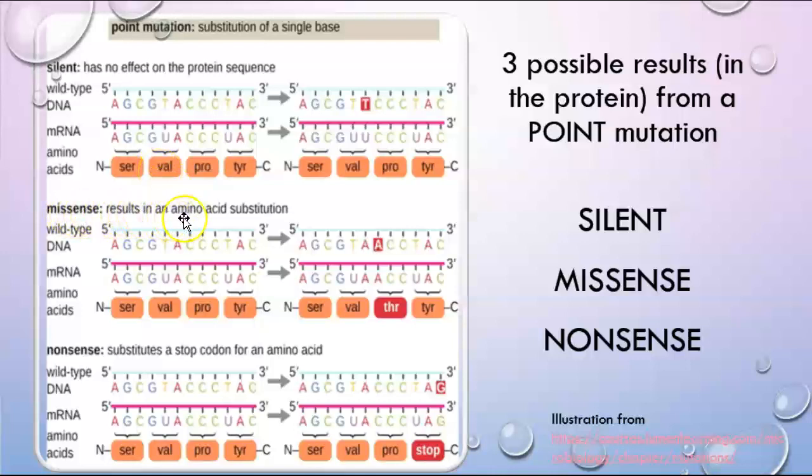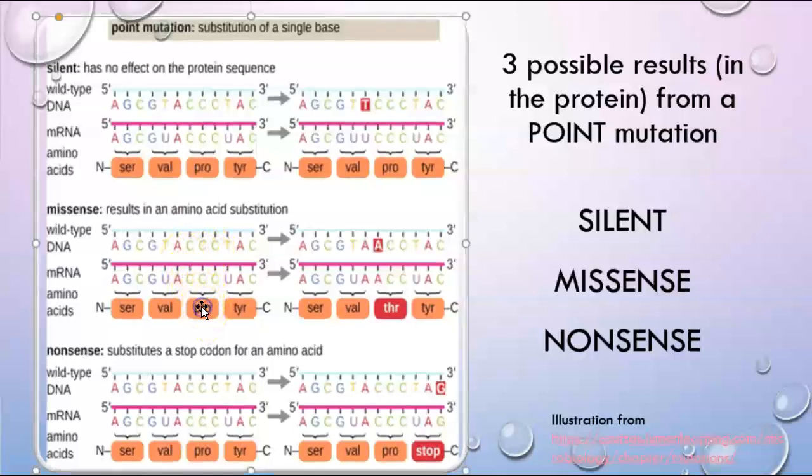A missense would be when it doesn't make any sense. You come up with an error that doesn't read correctly. So instead of, let's see, AGC, GTA, instead of CCC in this codon, that would eventually convert to proline, instead of proline, you end up getting threonine.